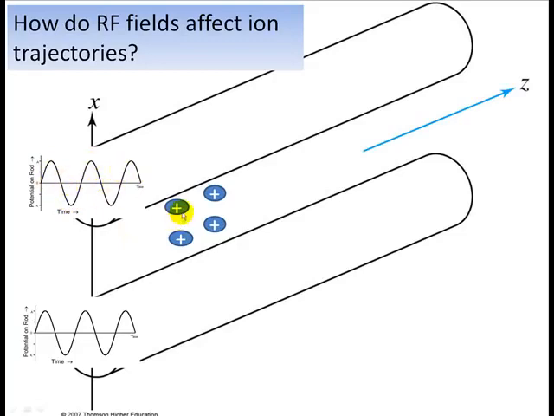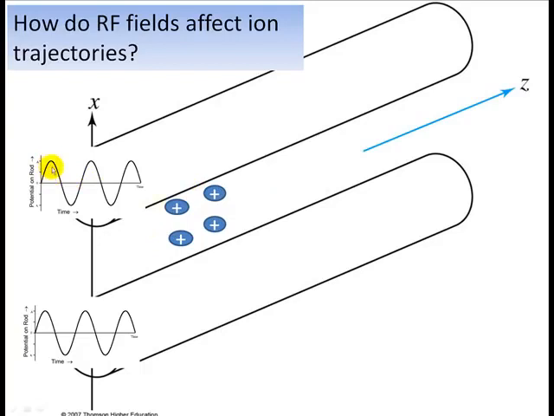Now let's think about what these ions are doing, and how their trajectories are influenced. Anytime the voltage is positive, the ions will be repelled by the rod. Anytime the voltage on the rod is negative, the ions will be attracted to it. So what happens to ions as they go down here with this voltage going back and forth?